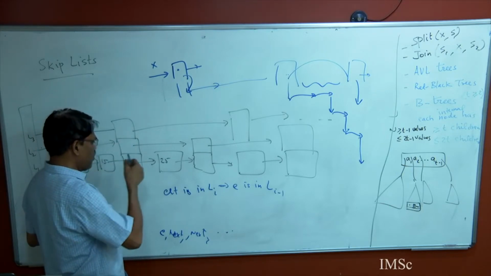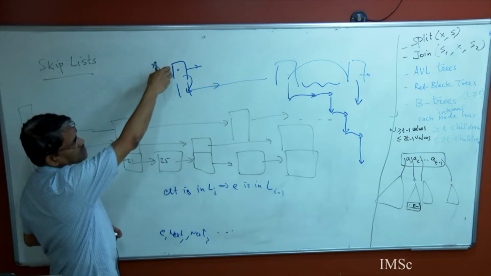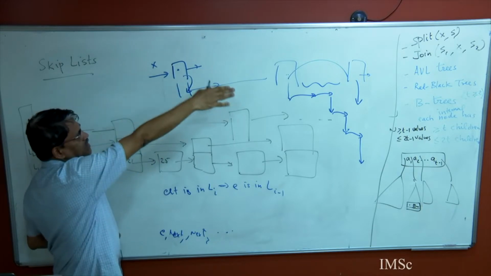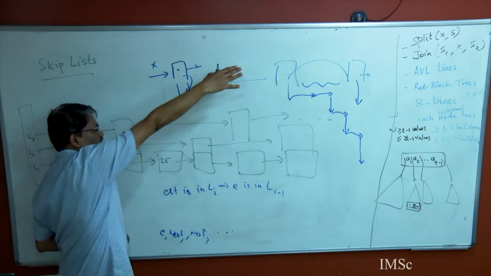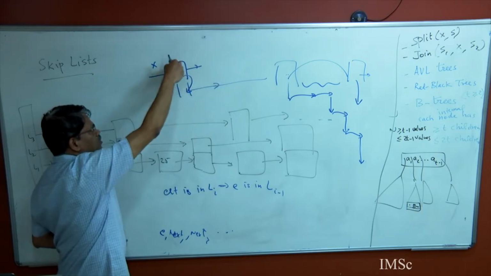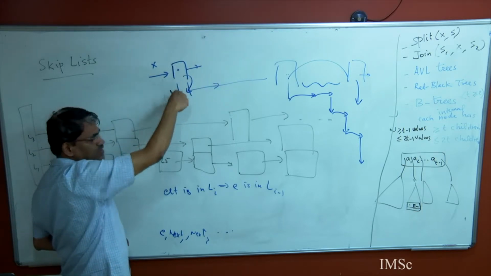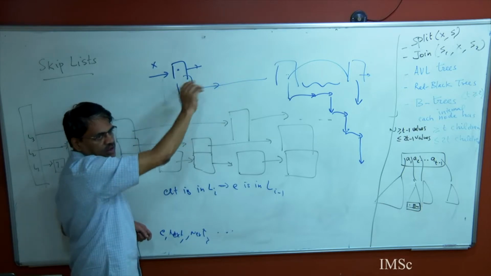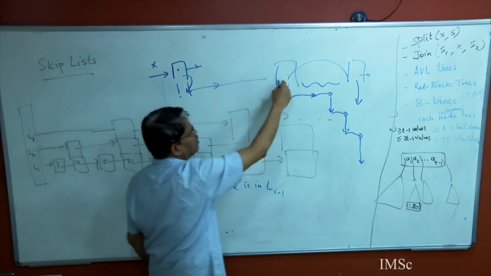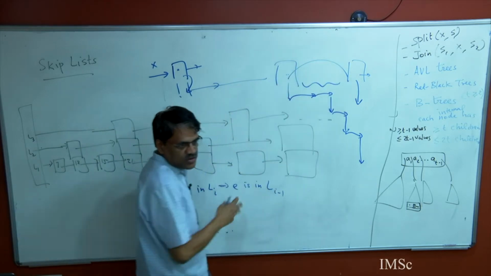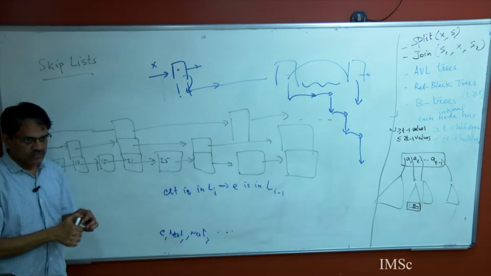Okay, so I start with the element which is in the top list. It has a next pointer in every list it belongs to. So I compare and say, okay, you are too big for me. So I come down to the previous list. I have the next pointer, compare it with that. Oh, that's small. Okay, so then I go to the next pointer of that element and so on.